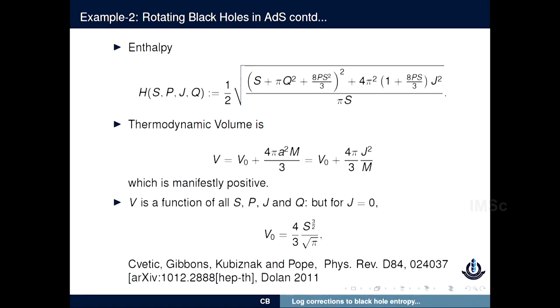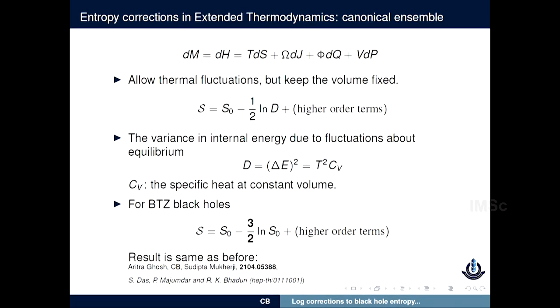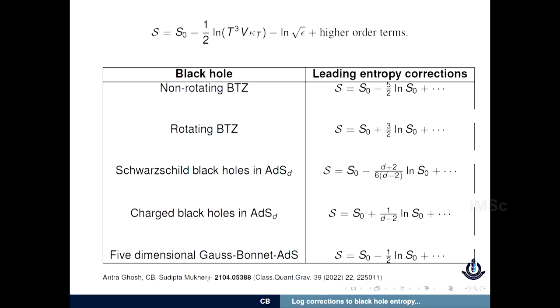Now, if you ask me what is the physical meaning of this thermodynamic volume, I don't have an answer for that right now. Okay, so what was our aim? Our aim was, so earlier, if you see, there were log corrections.